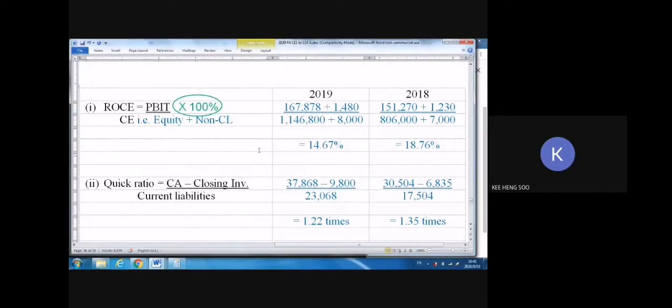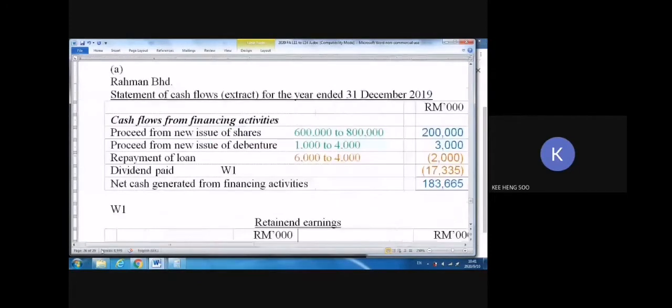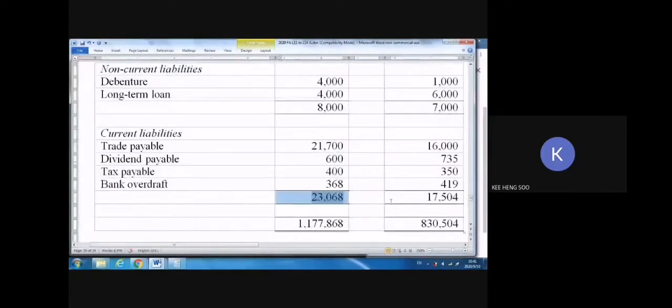Current liability is 23 and 17. You see? This is your current liability.